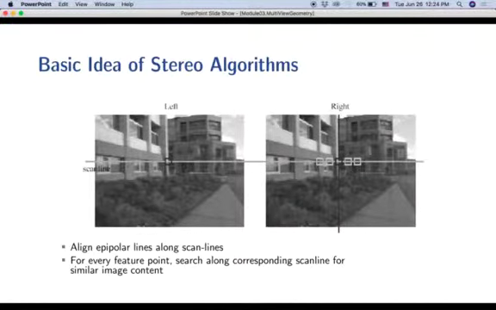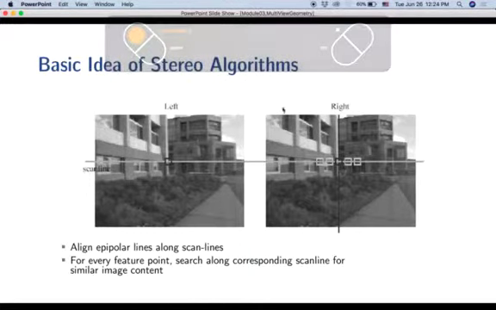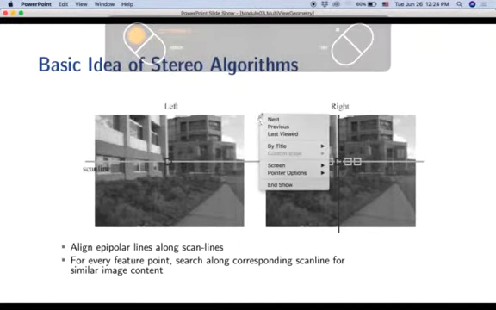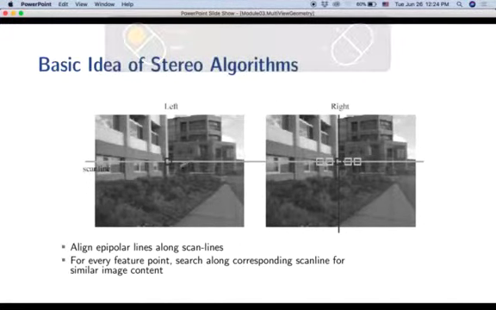Okay, so this is the basic idea of stereo algorithms. You have two images, and these two images are taken, so it's still that simple scenario, such that the camera has only translated. Which means that if I'm looking at a point here, it must be somewhere along this line.